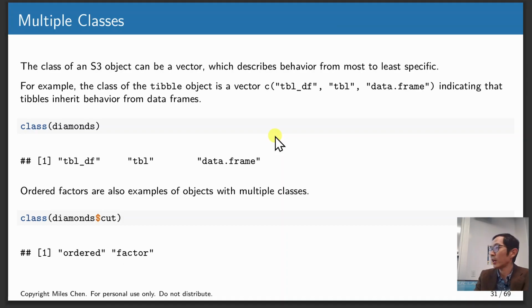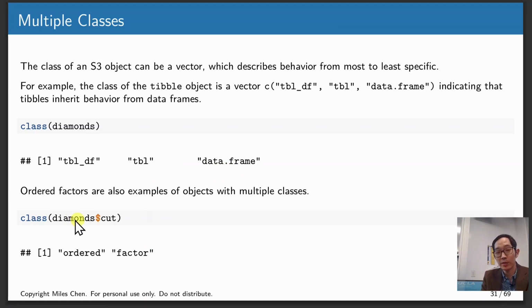Some objects can belong to multiple classes. Remember, there's this hierarchy of classes where you have child classes that inherit from parent classes. So our data set diamonds is stored as a tbl_df, which inherits from tbl, which inherits from data.frame. The tibble is the tidyverse version of the data frame, and so it inherits from the data frame.